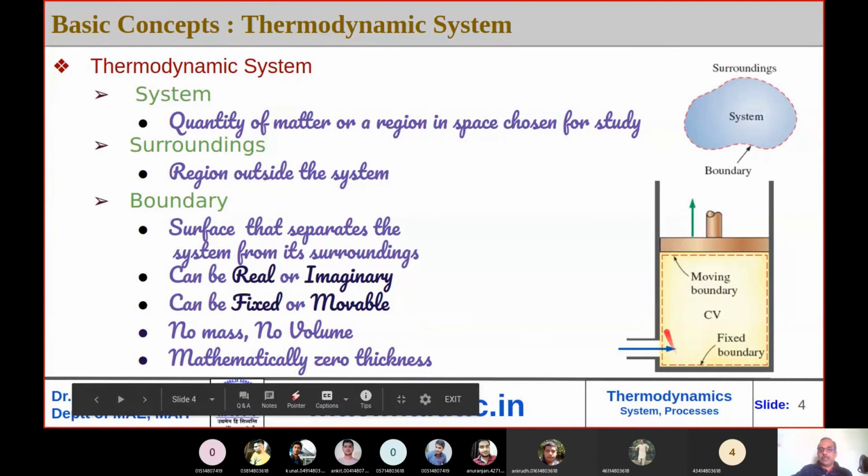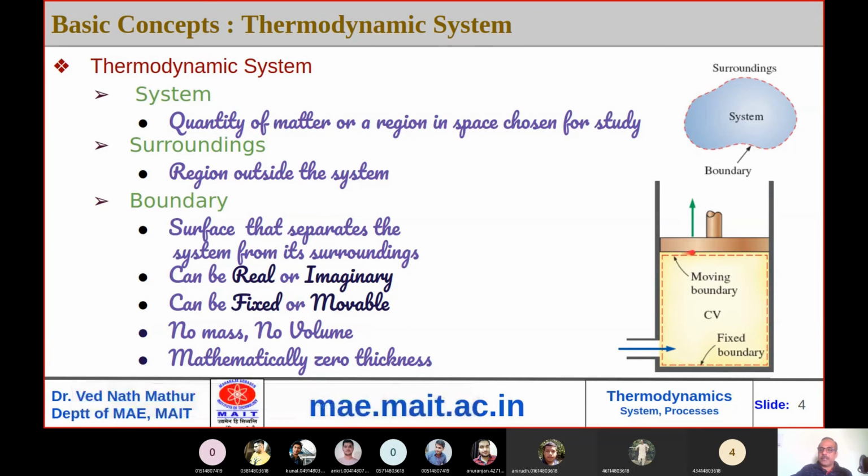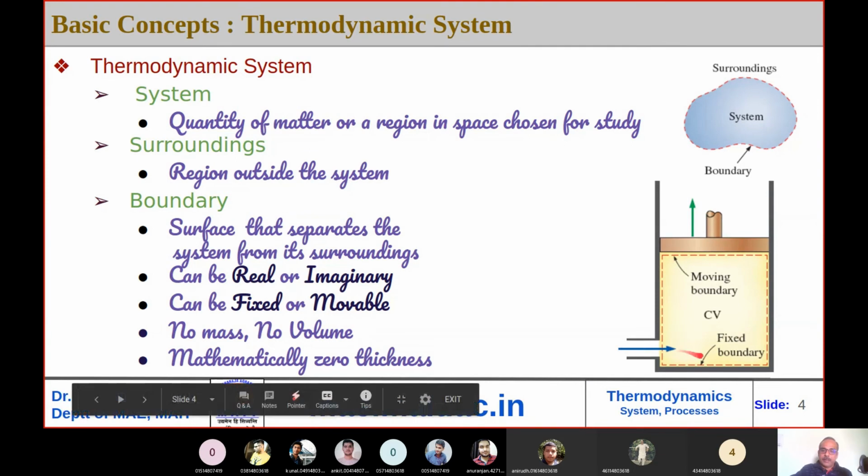If you consider expansion of gases in a piston, then these gases form our system. And what is the system boundary? This red dotted line, interior to the surface of the cylinder and piston, is the system boundary. As I said, this boundary can be fixed or moving. If the piston is moving, then this system boundary is moving. And this can be real or imaginary.